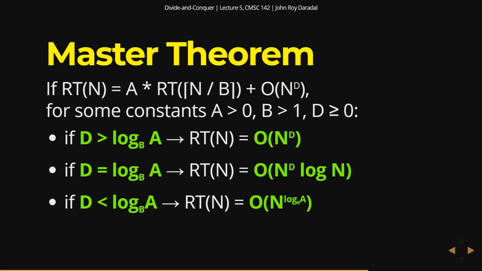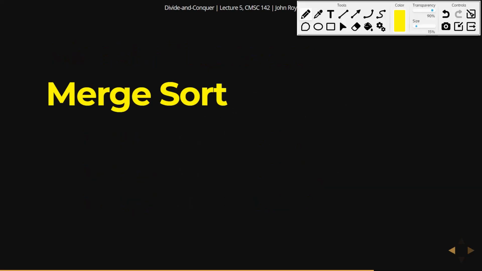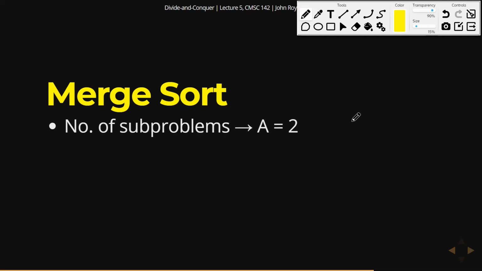Okay, so let's try to look at some of the divide and conquer problems that we've already seen so far and try to figure out their running times based on the master theorem. So for merge sort, the number of sub-problems a is equal to 2. So let's write it down.